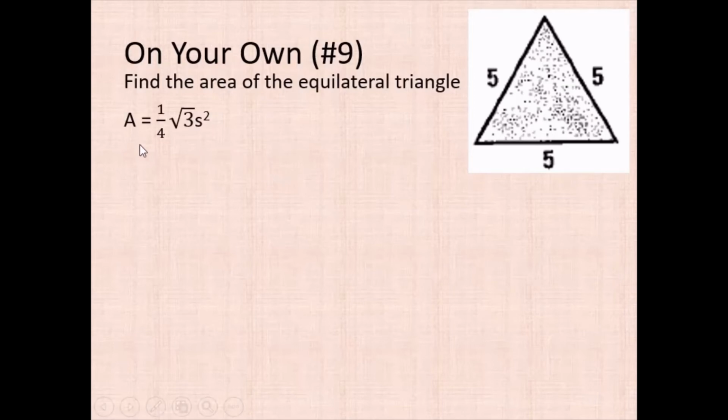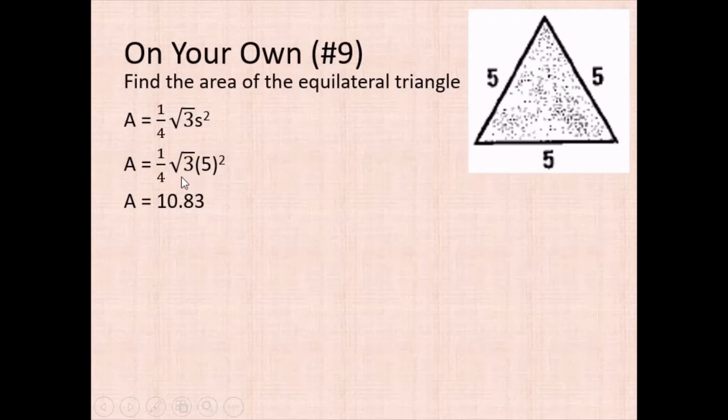All right, so our equation is 1/4 square root of 3s squared. S is 5. And we should get 10.83 when you put it in the calculator. If you didn't get that, make sure that the square root is finished up after the 3, so your 5 squared is not part of the square root.